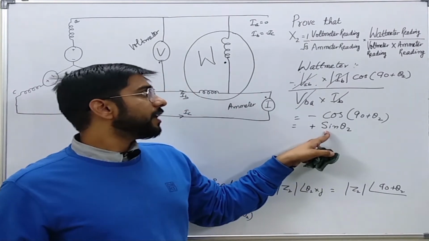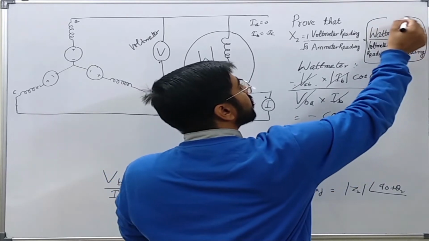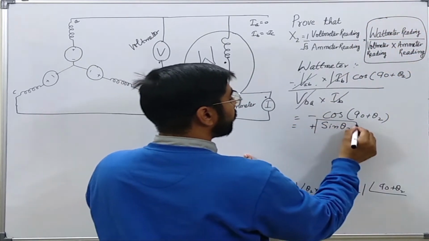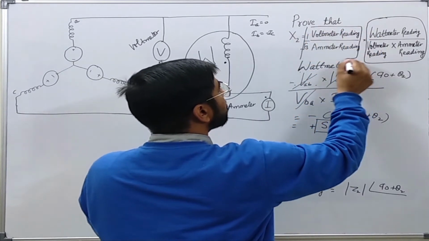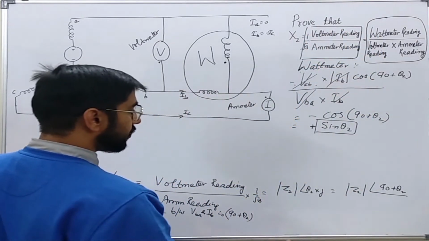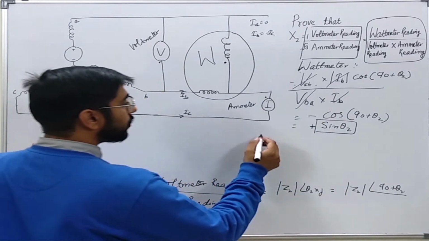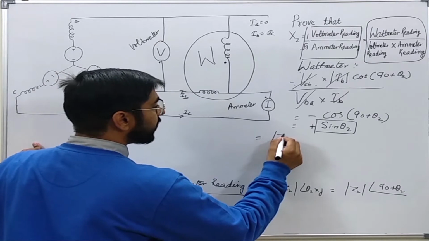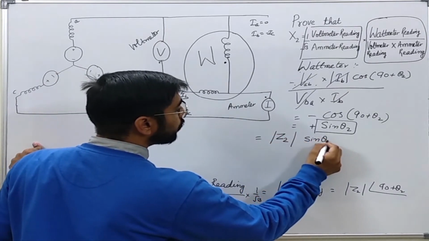So up to this point we have got the value of this part. This is sine theta 2. Now this we have already got. What is this? Z2. So Z2 into sine theta 2.